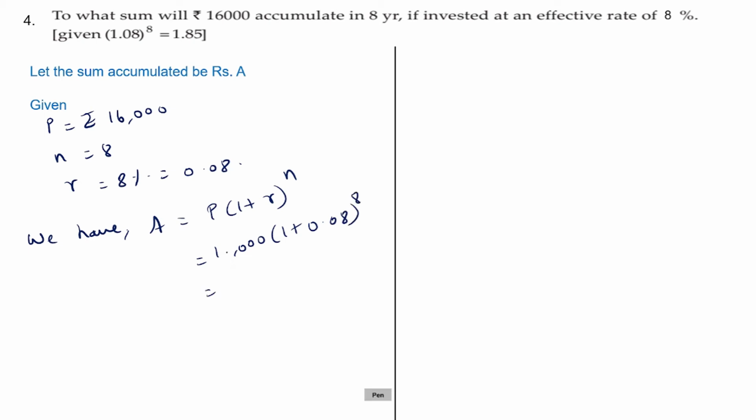So it is 16,000 into 1.08 the whole raised to 8, which is given as 1.85, into 1.85. This when we simplify we get 29,600. So the sum accumulated is rupees 29,600. Therefore, A is equal to rupees 29,600.